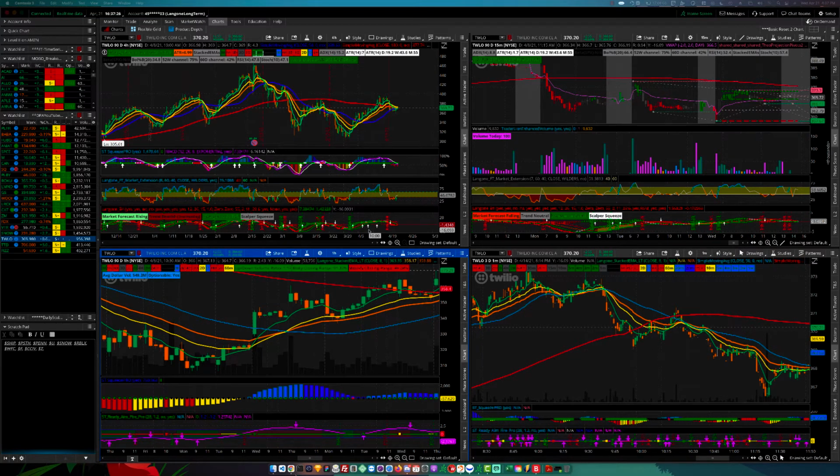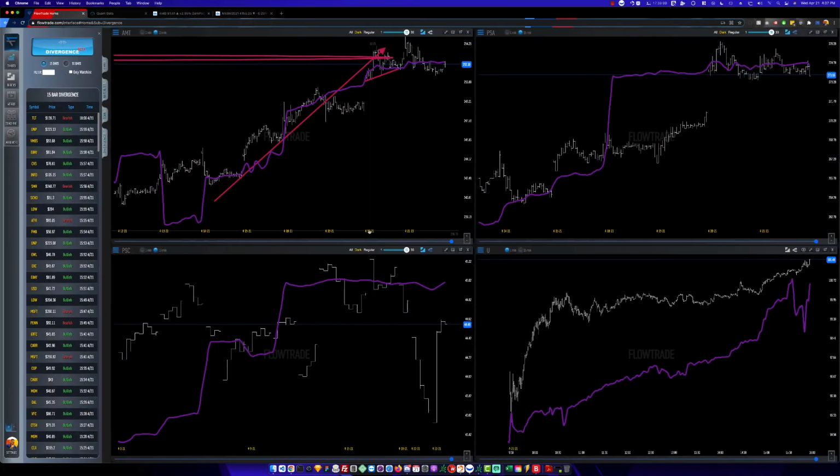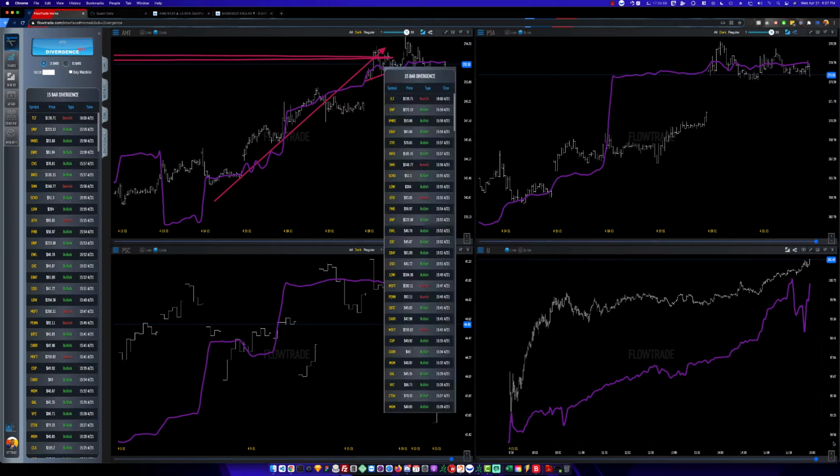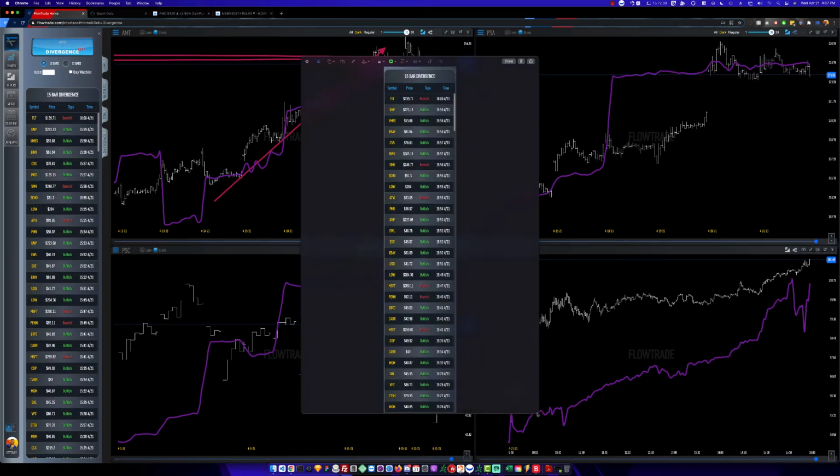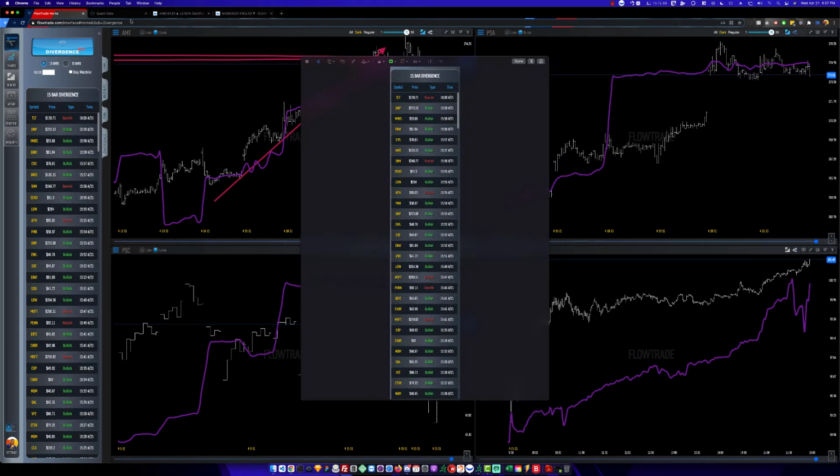Let's see, where do we want to get started? Let's go ahead and pull up the Divergent Scanner, which is a tool exclusive to FlowTrade. The Divergent Scanner is real-time scanning of stocks that are either in a 15 bar or a 30 bar divergence. Trying to make this a little larger so everybody can see it.